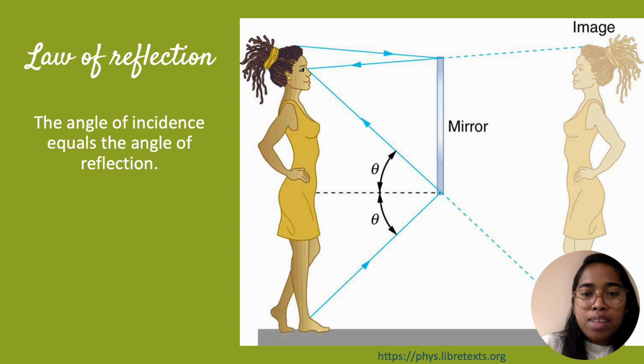So the light from here will be transmitted here, and will be reflected at the same angles. So the angles are such that our image is the same distance behind the mirror as we stand away from the mirror. A mirror has a smooth surface that can reflect light at specific angles.